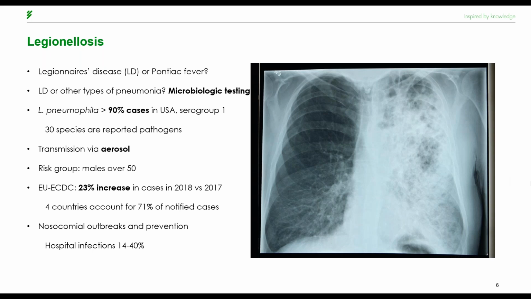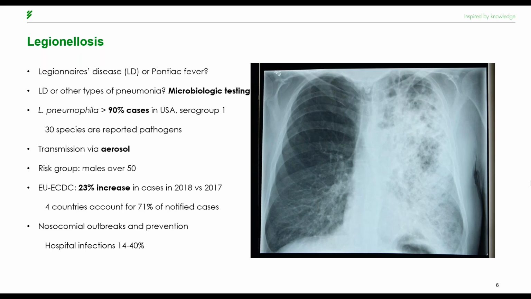Legionellosis commonly has 2 clinical presentations. One, which is the most known, the Legionnaires disease, a multi-system disease involving pneumonia, and a milder form that is a flu-like illness, which is the Pontiac fever. Clinically, it is not possible to distinguish Legionnaires disease from other types of pneumonia since its symptomatology is common.